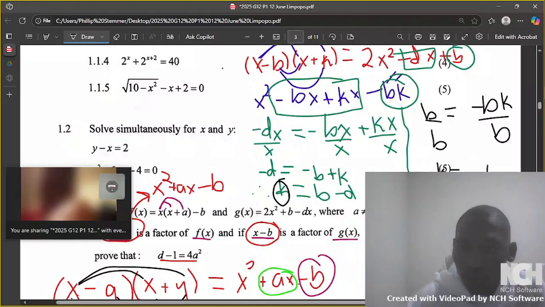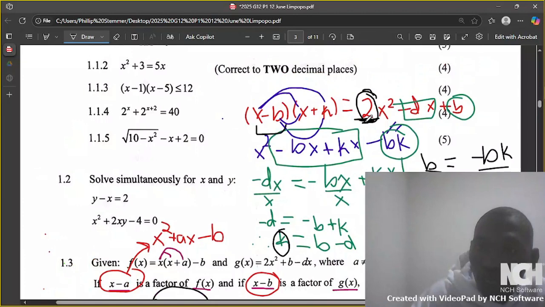So you have negative 1 is equal to minus b. Are you with me?